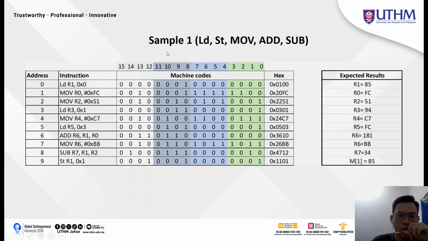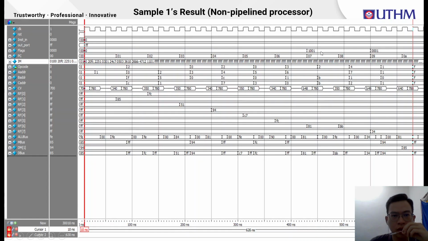So now let me recap the instruction set of sample 1. Here are the instructions in sample program 1, and here is the expected result that we want to get during the simulation. Okay, now first, this is the simulation result for the non-pipeline processor using sample program 1.